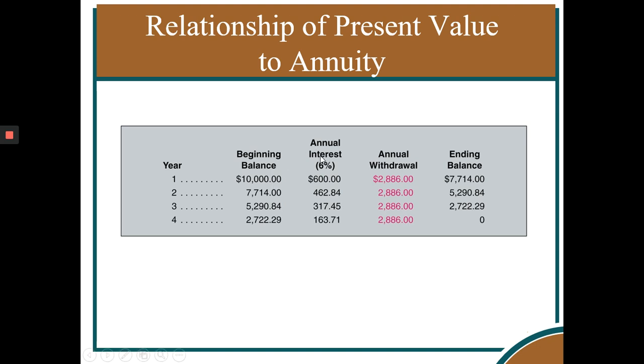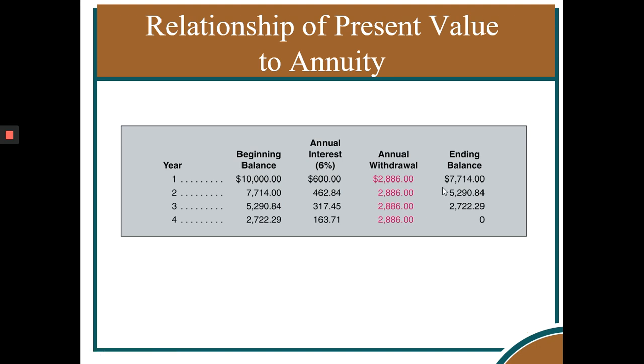With 6% interest, you'll end up having in the bank 10,600, but you will be withdrawing 2,886. That is your annuity. The remaining would be 7,714. That 7,714 will earn another 6% interest. Then you withdraw again 2,886, and you'll end up having 5,290.